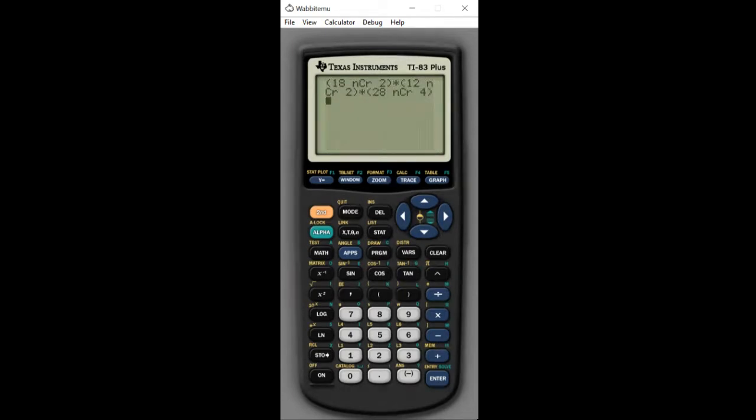And all this is being divided by 58, math, probability, choose 8.